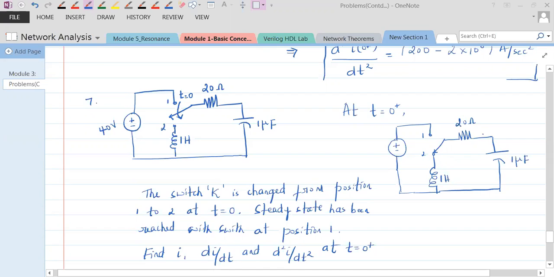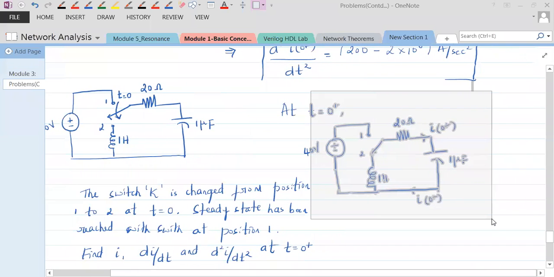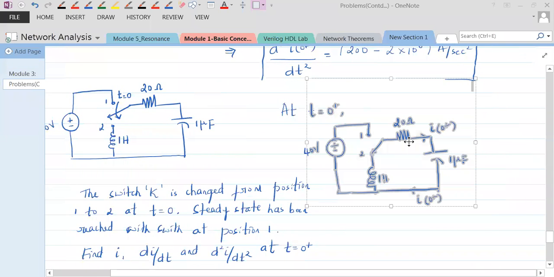Now what's flowing? I of 0 plus is flowing, which we already have found out in the last case. So this is how it is going to look like. Now, this 40 volts, what is there? It is of no use to us. So this is how things would look like. Fine. So let's consider this. I hope everybody understands this.